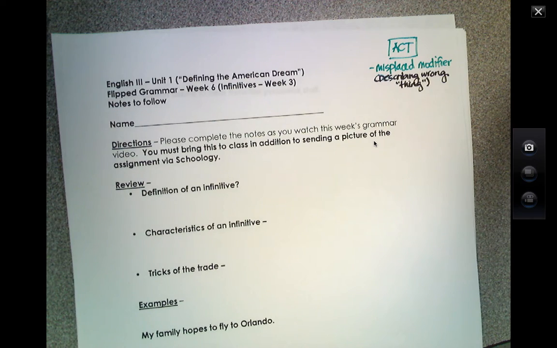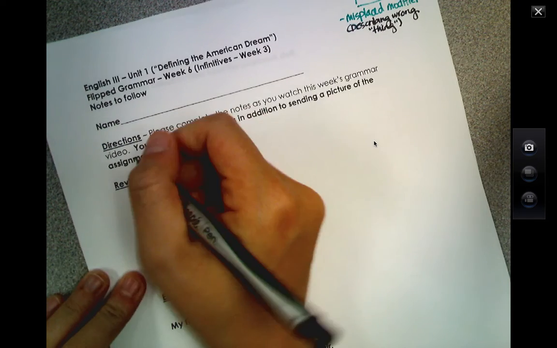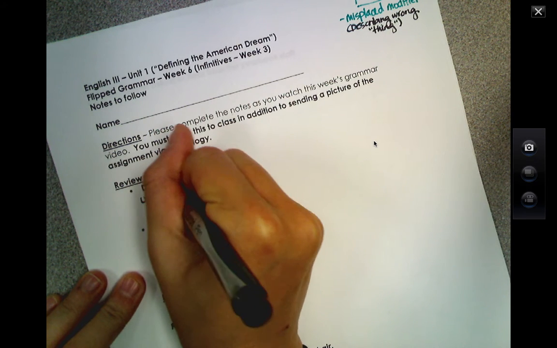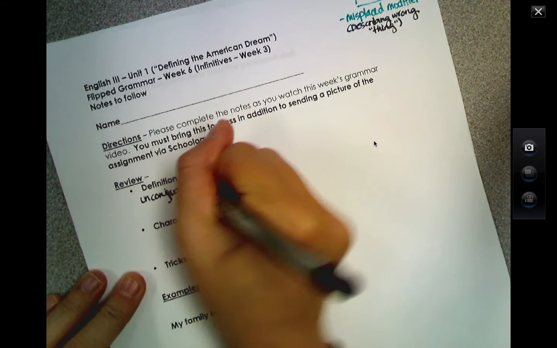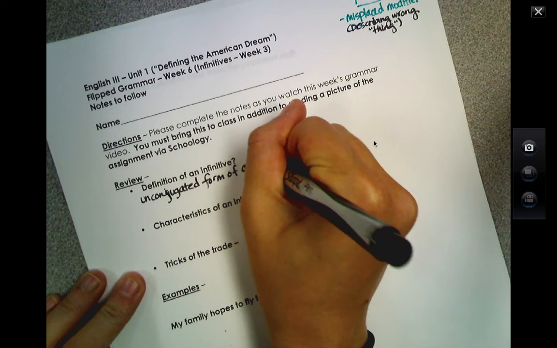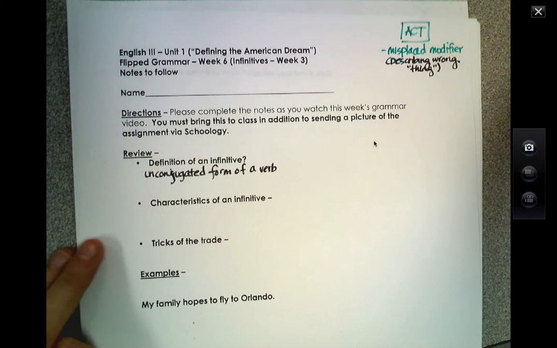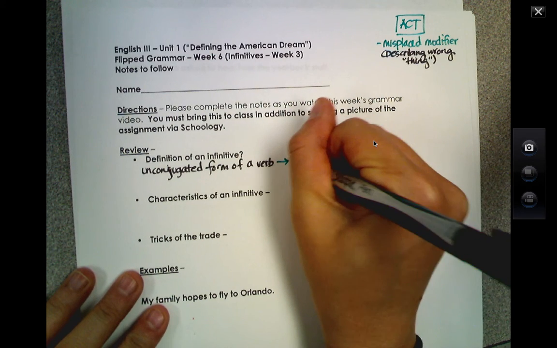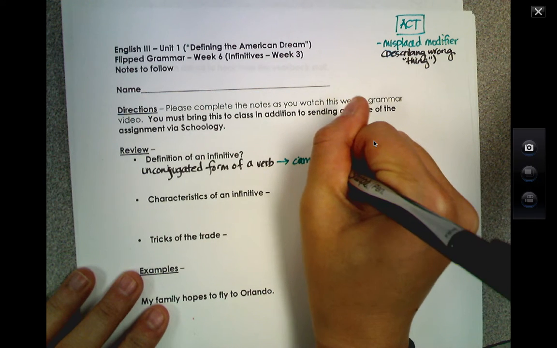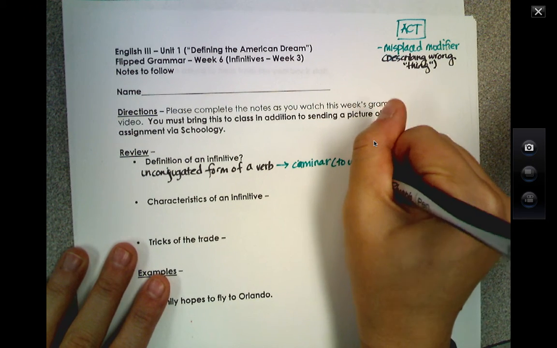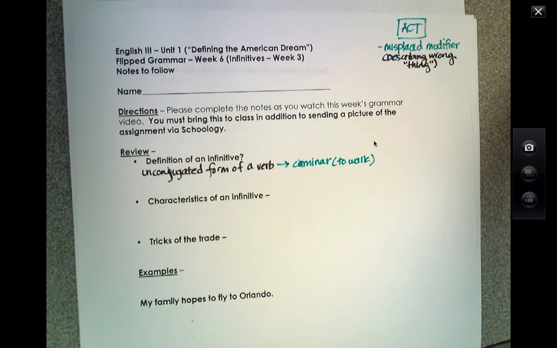Okay, so remember, an infinitive phrase is going to be the unconjugated form of a verb. Those who are taking Spanish, my German people, I'm not nearly as familiar, so I apologize. You're going to see in Spanish this idea of caminar. It's not been changed or anything, which means to walk. So it's the same thing in English.